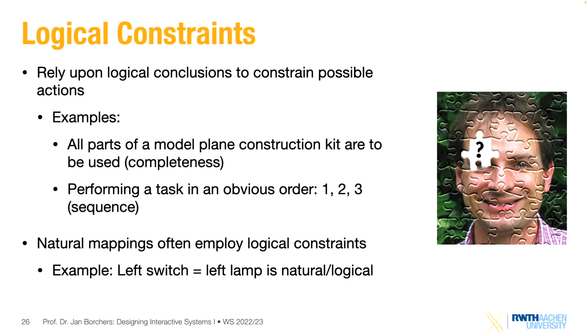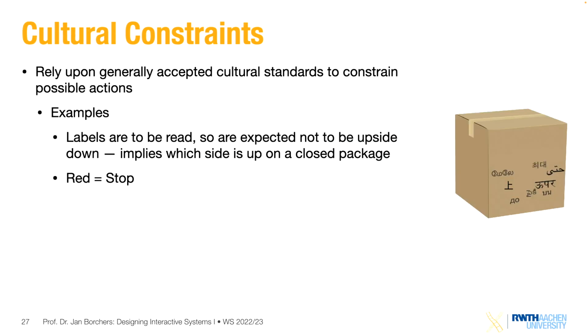Here's another one, cultural constraints. Cultural constraints are really things that rely upon generally accepted cultural standards to constrain possible actions. One example of this is that labels on something are designed to be read, so you would expect them not to be upside down.